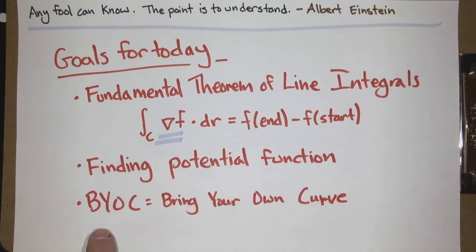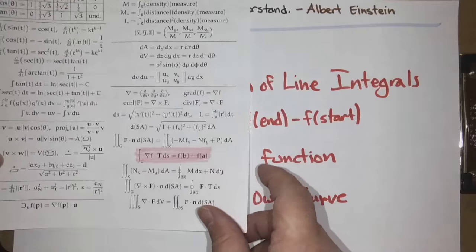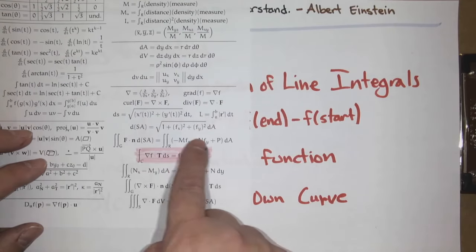And then there's another strategy, BYOC: bring your own curve. If you don't like the curve, bring your own curve. Find a better curve. And this is a nice strategy. I will say that this shows up in our formula sheet.